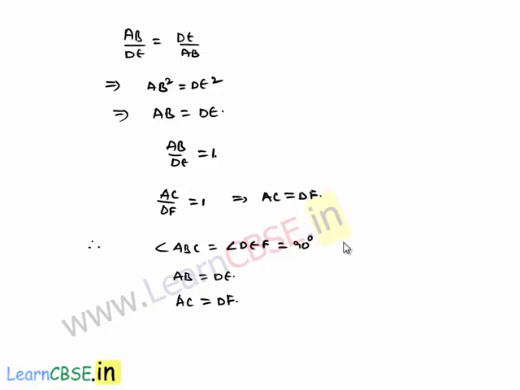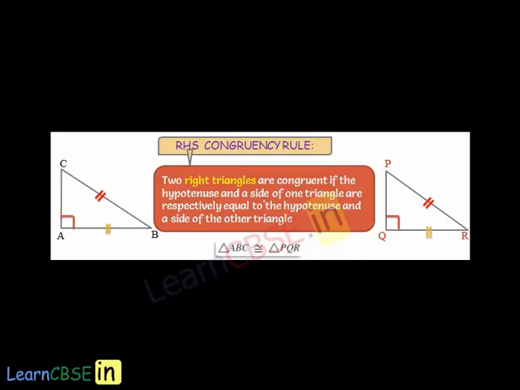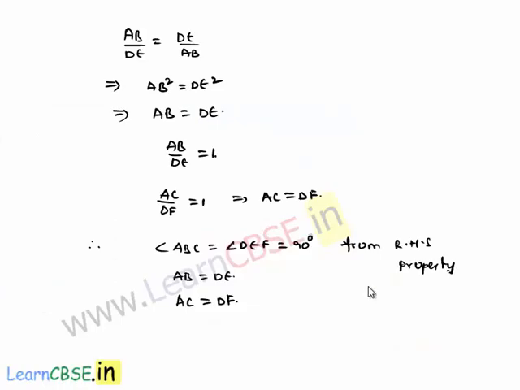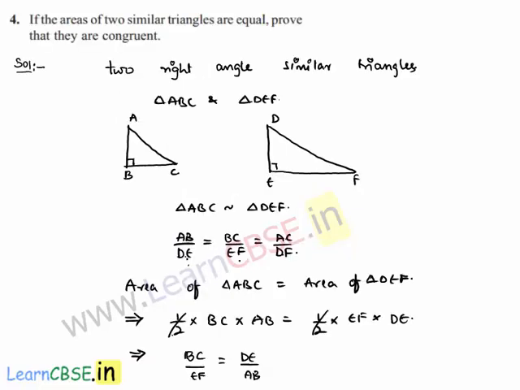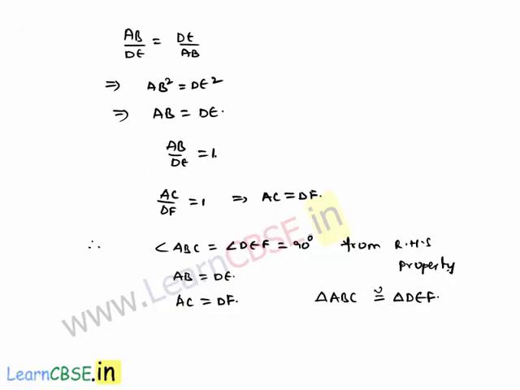Therefore, from RHS property, we can say that triangle ABC is congruent to triangle DEF. Therefore, two similar triangles with same area will be congruent.